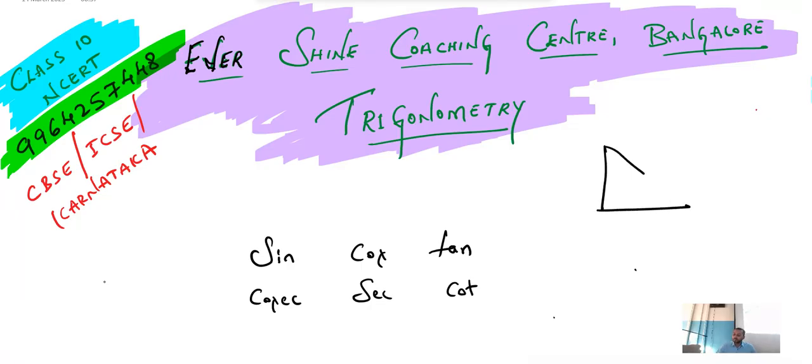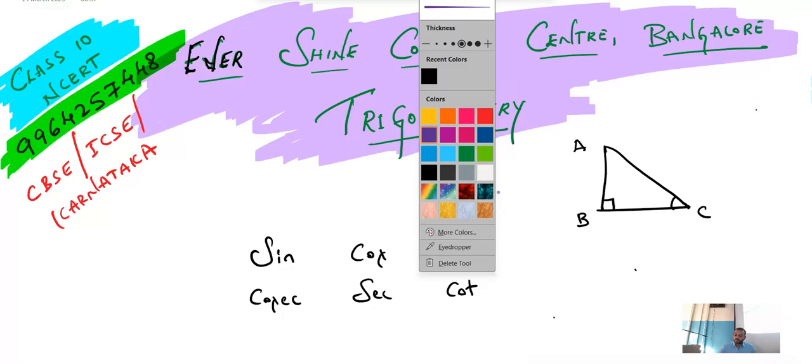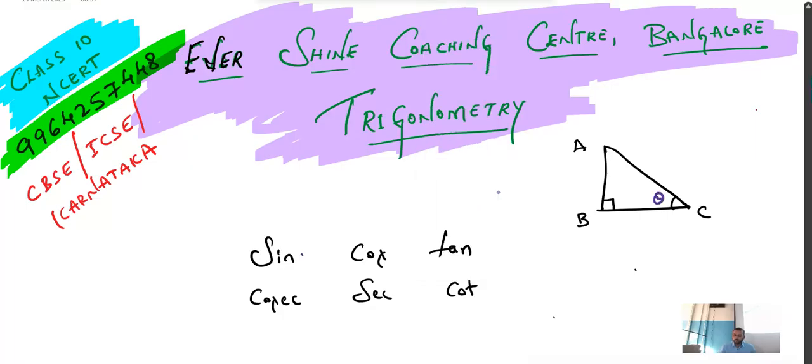Now let me assume a triangle in which this is the right angle and this is an acute angle. Let me name the triangle as ABC in which angle B is 90 degrees and angle C is acute angle. If I am going to use the acute angle as theta, then we are supposed to write sin theta, cos theta, tan theta, cosecant theta, secant theta, cot theta.